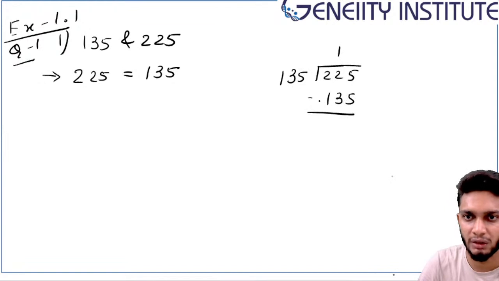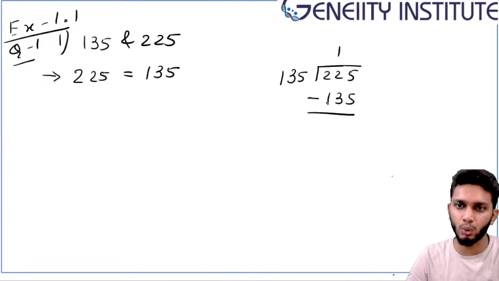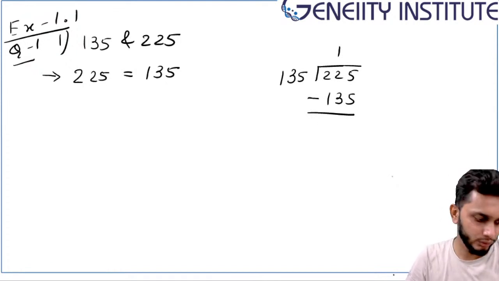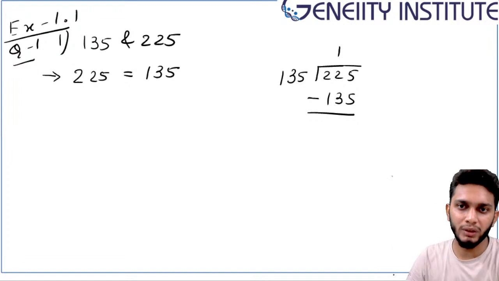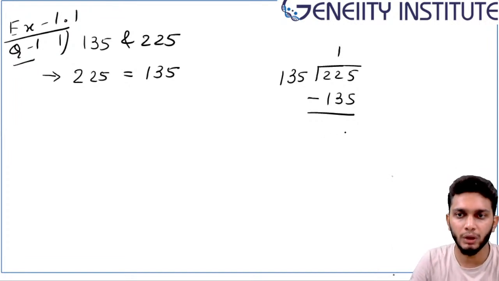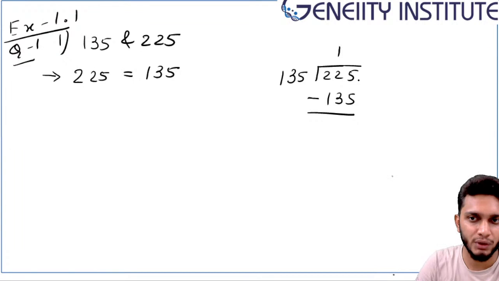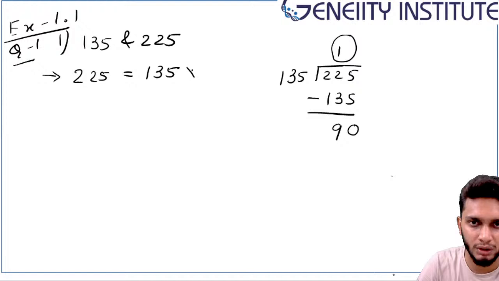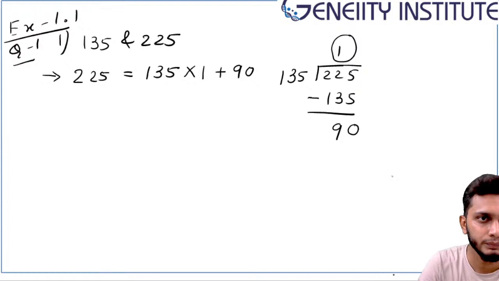If we multiply 135 by 2, the answer is 270, which is greater than 225, so we can't use 2. So 135 into 1. Now subtraction: 5 minus 5, 0. 22 minus 13 is 9. So the answer is 90. Our quotient is 1 and remainder 90. So 225 equals 135 into 1 plus 90.